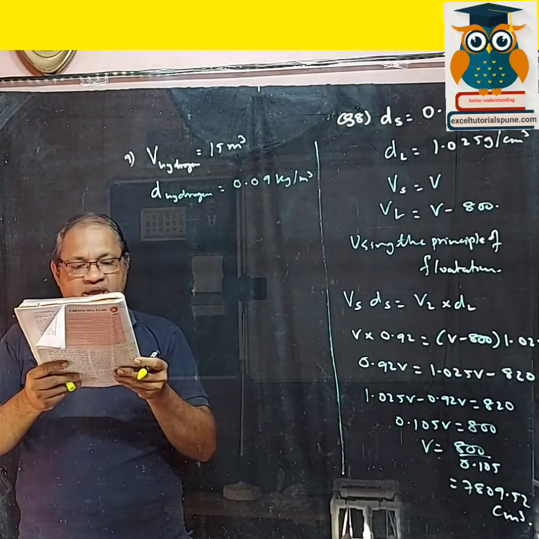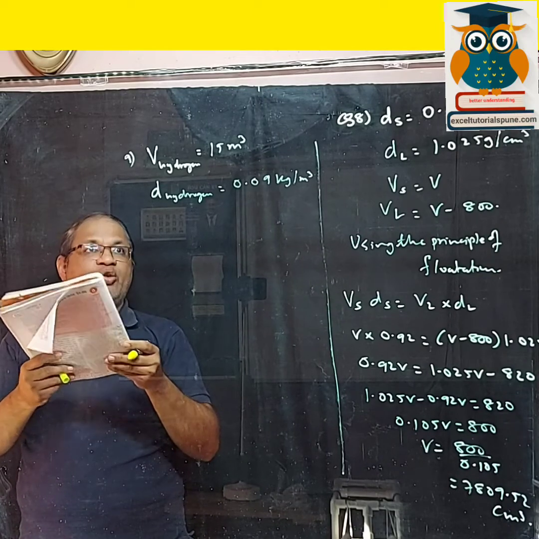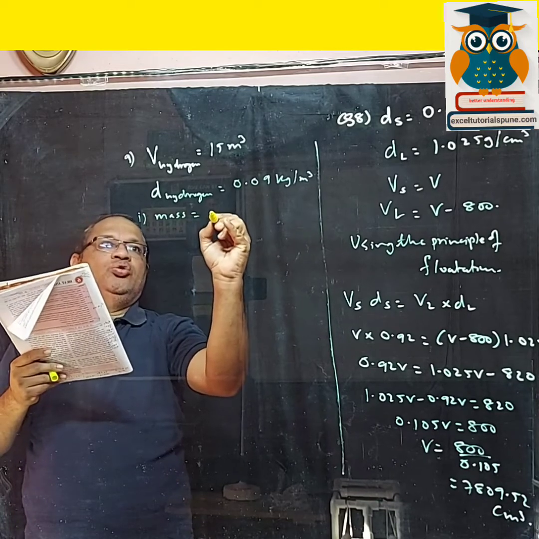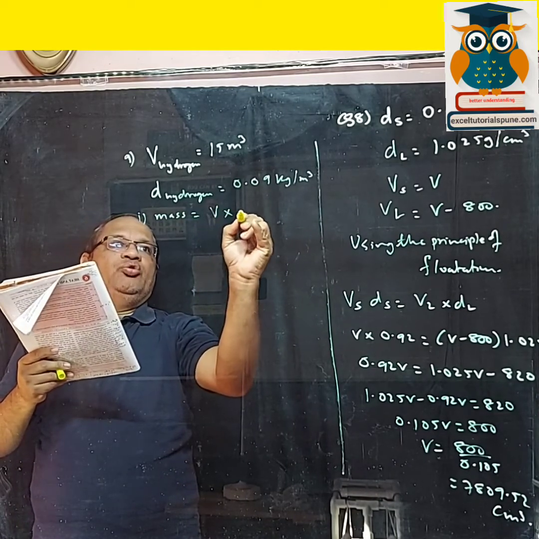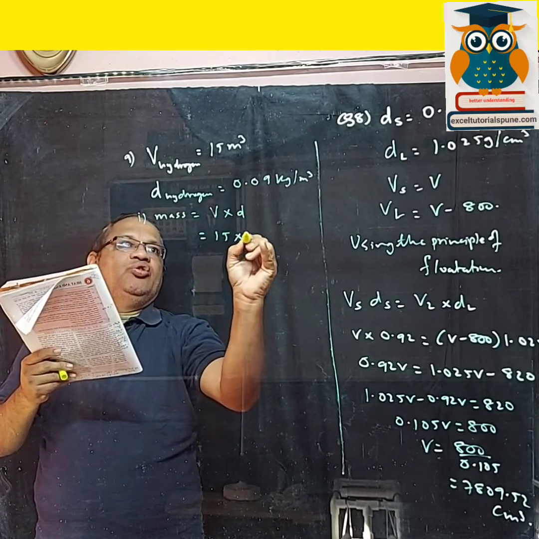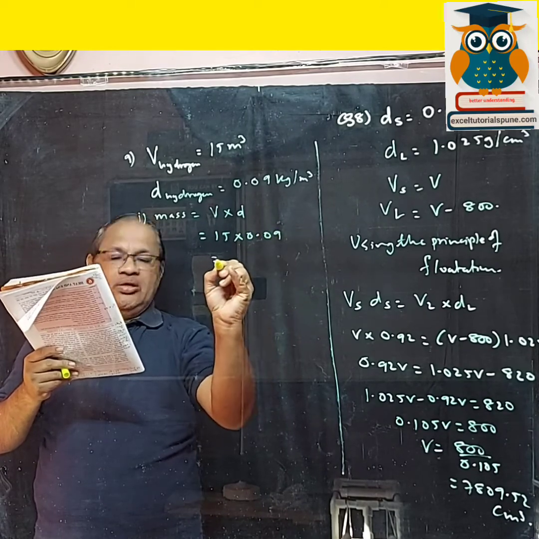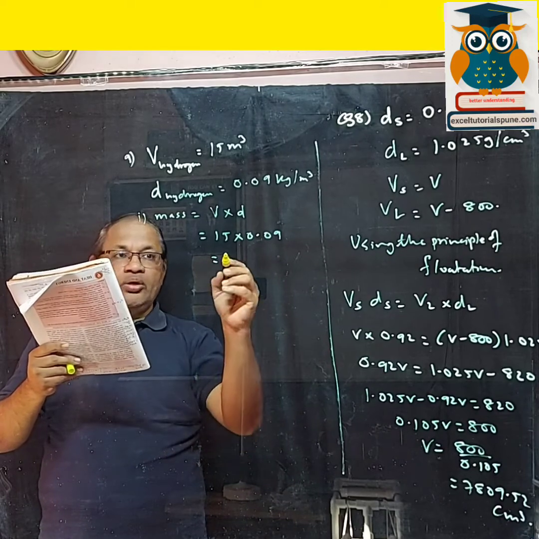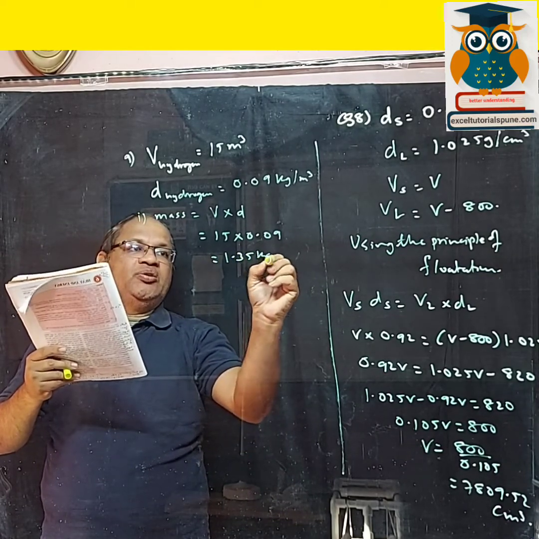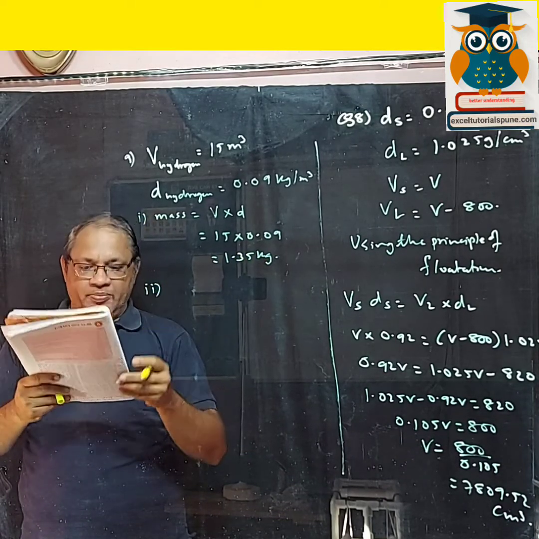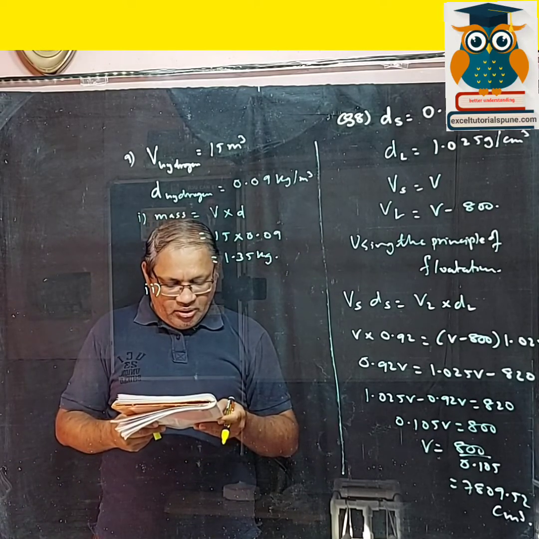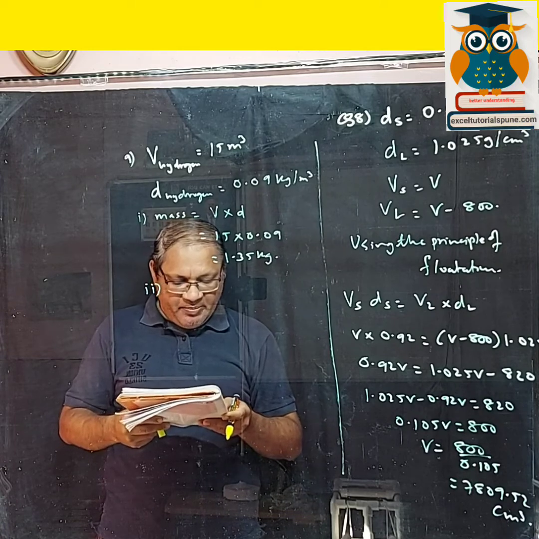Now the first part, they are asking what is the mass of hydrogen in the balloon. So mass is equal to volume into density, that is 15 into 0.09, that is coming to 1.35 kg. Now second part, the mass of hydrogen and balloon.